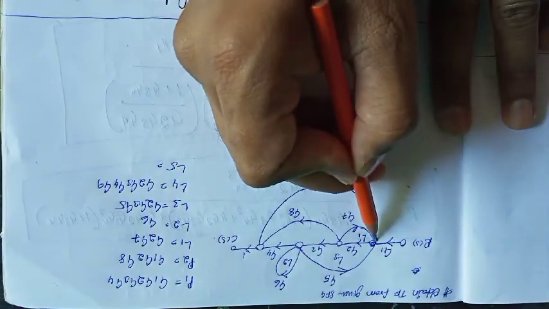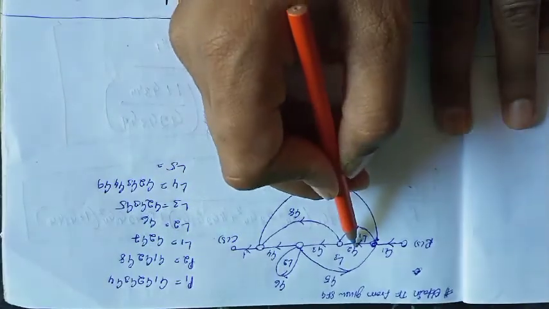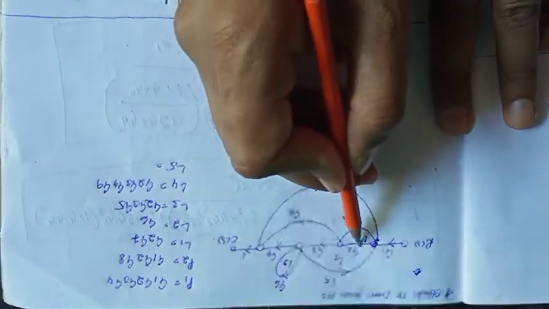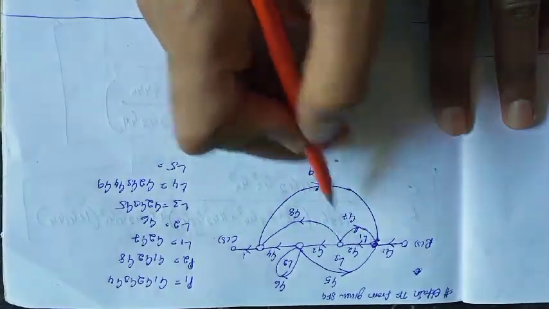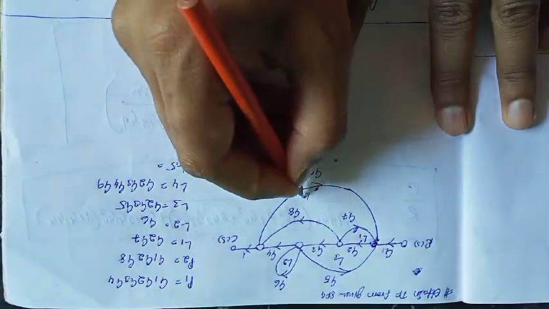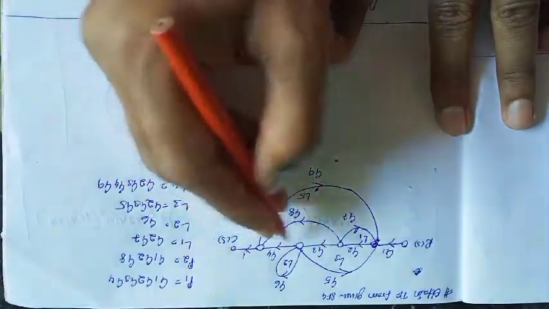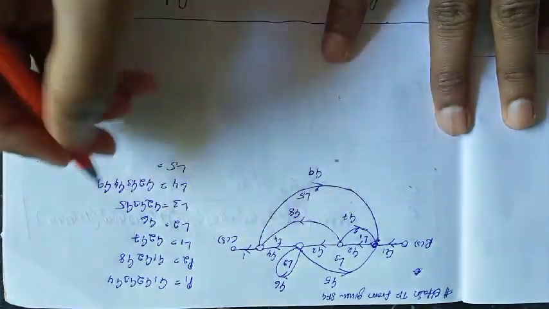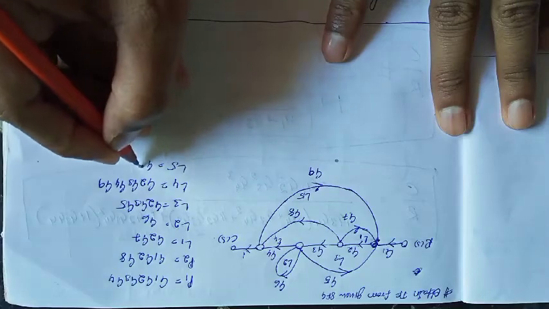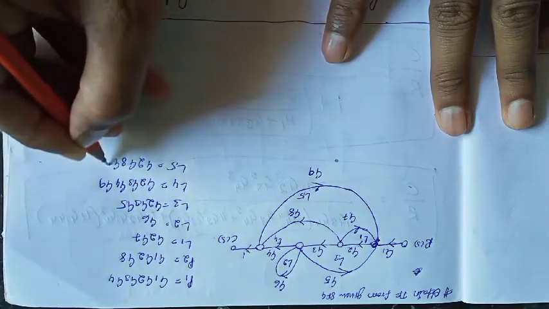It comes to this point. That is G2, G8 and G9. That is my loop 5, and here this is L4. Now loop 5 is G2, G8 and G9.